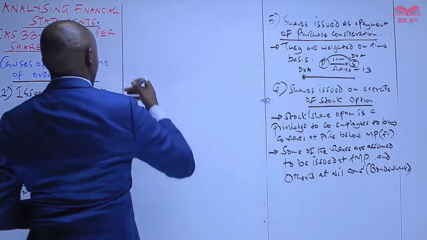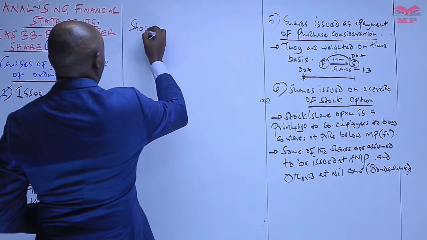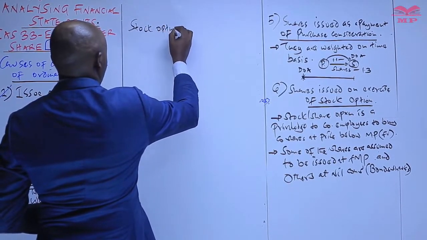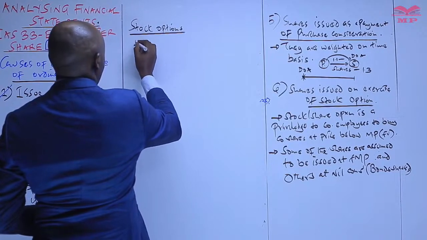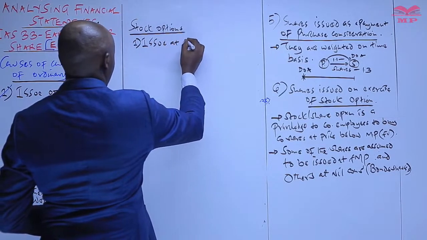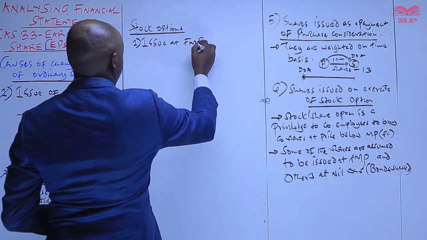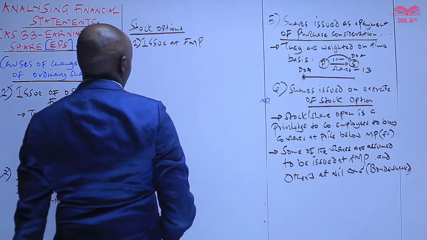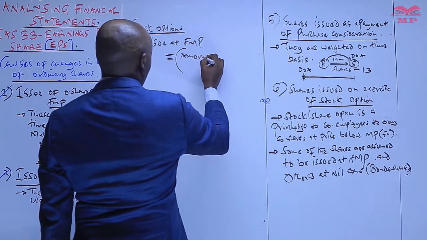So for these shares issued in exercise of the stock option, number 1, we have those shares issued at full market price. How do we determine these shares?